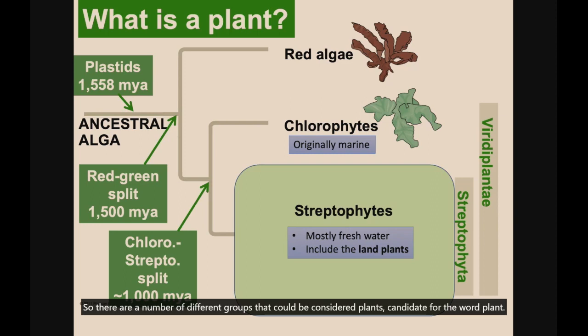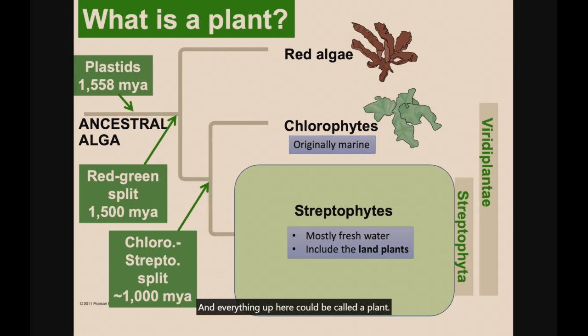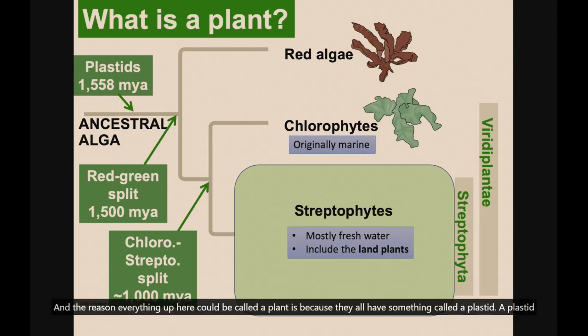So there are a number of different groups that could be considered plants, candidates for the word plant. And everything up here could be called a plant. And the reason everything up here could be called a plant is because they all have something called a plastid. A plastid is an organelle, and that organelle is most famously represented by the chloroplast.